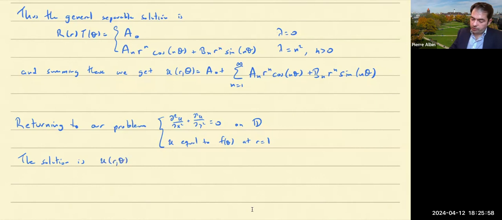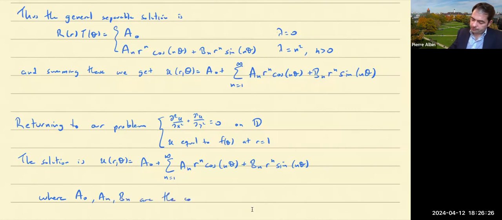The solution is u of r theta is a0 plus the sum n goes from 1 to infinity of a_n r to the n cosine n theta plus b_n r to the n sine of n theta, where a0, a_n, b_n are the coefficients in the Fourier series of f of theta.